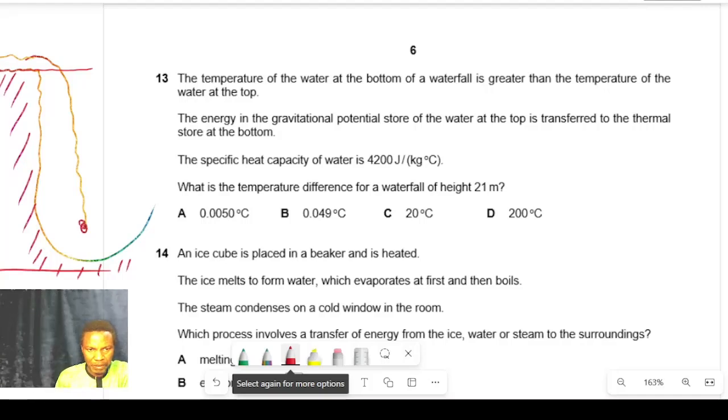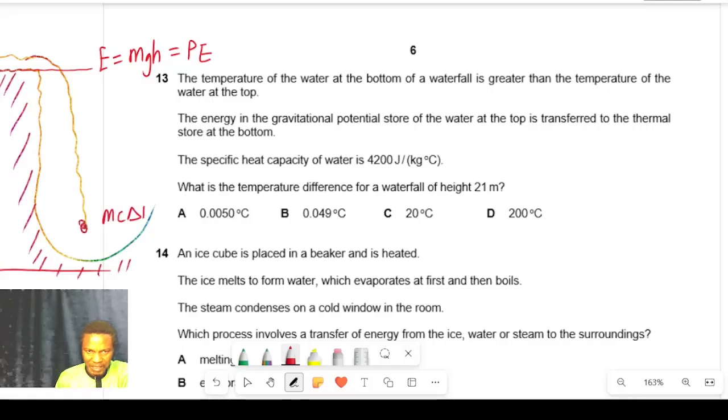and then the energy here is mgh, potential energy. The potential energy is converted to thermal energy, which is mc delta t.